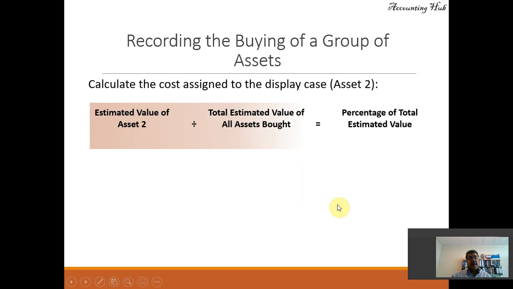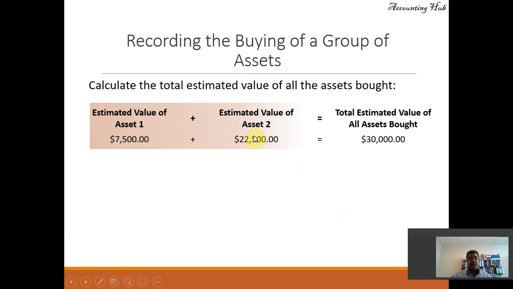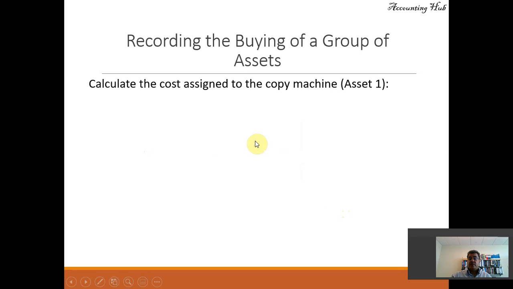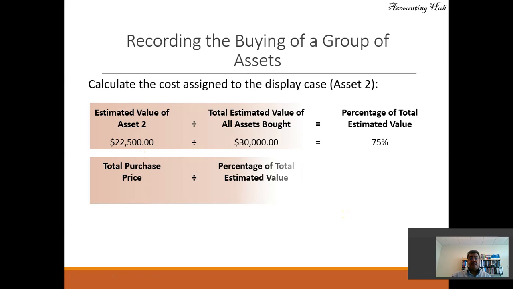The display case, $22,500 if we purchase only this display case, asset 2, divided by 30,000, 75%. So the display case, let's call it store equipment, would be 75% or $20,250.